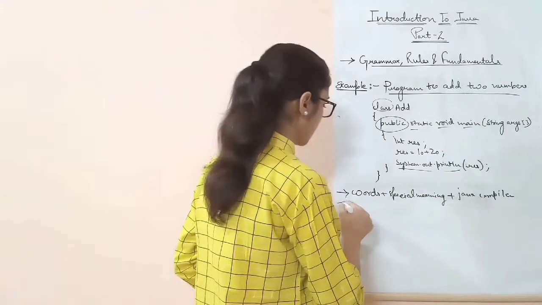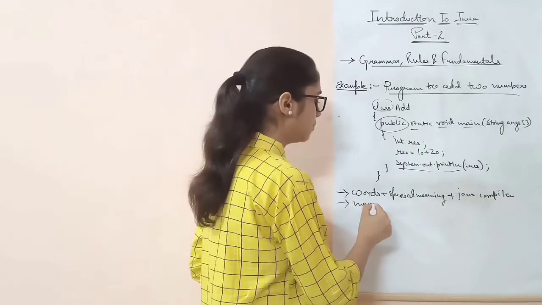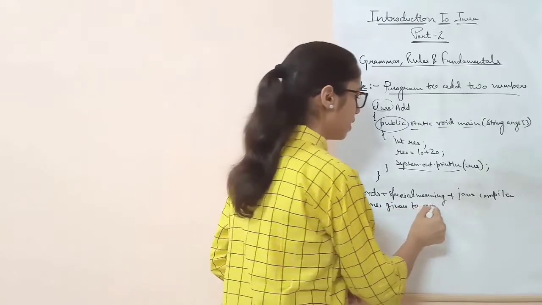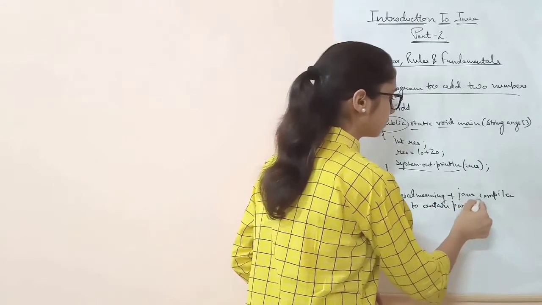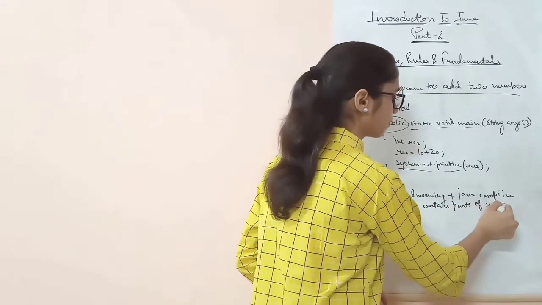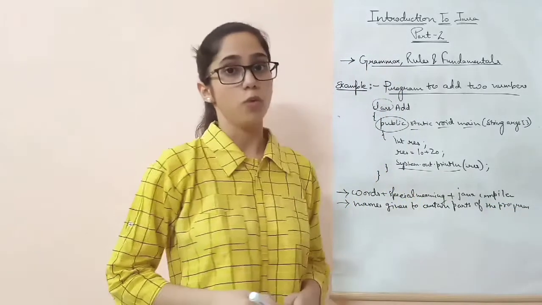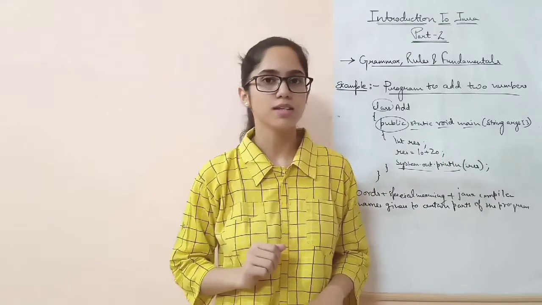Next comes identifiers. Now identifiers are the names given to certain parts of the program. What are these certain parts?